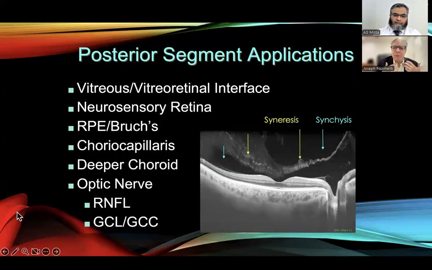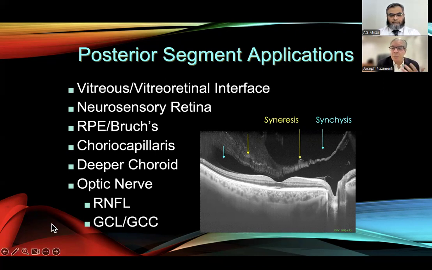And so we don't have time to talk about all of these applications, but one of the reasons that OCT has become such a workhorse in our clinical armament is because it has many applications, from the vitreous and the vitreoretinal interface to the neurosensory retina, the RPE Bruch's membrane choriocapillaris complex, the deeper blood vessels of the choroid, and of course the optic nerve and its associated structures, including the retinal nerve fiber layer, the ganglion cell layer, and the inner plexiform layer.